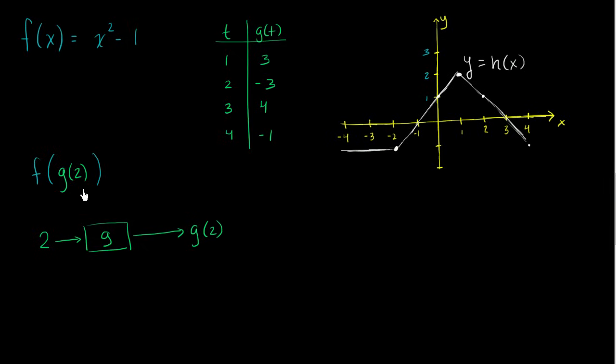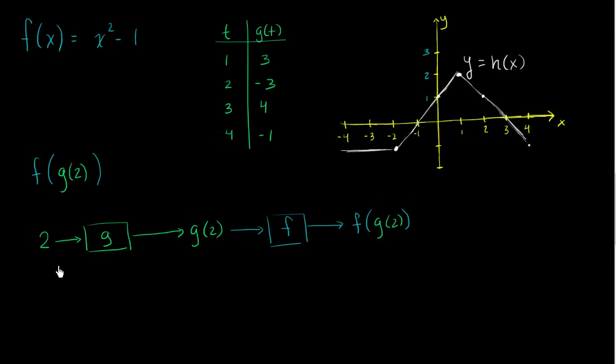Now we're going to use that output, g of 2, and then input it into the function f, and what we're going to get is f of the thing that we inputted, f of g of 2.